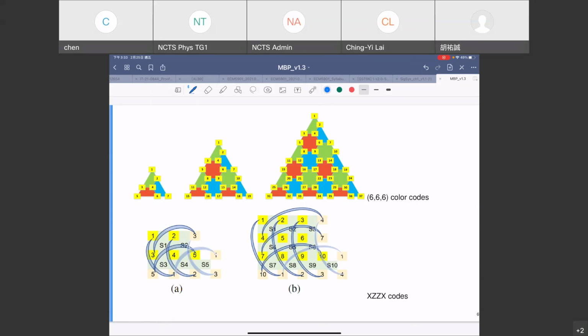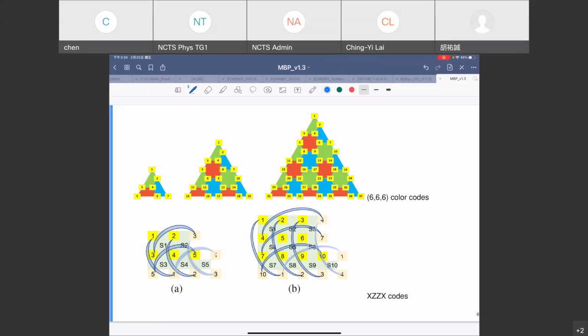These different topological codes have some specific benefits. In this color code, it has higher code rate, meaning that you can use fewer qubits to encode more information qubits. And for these XZZX codes, they have better performance when the noisy error rates are not symmetric.